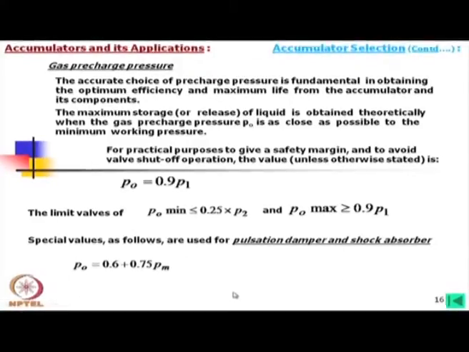So, we have to check whether this relation is correct or not, or whether it is simply P0 is equal to 0.8 into P1 for pulsation damper and shock absorber.